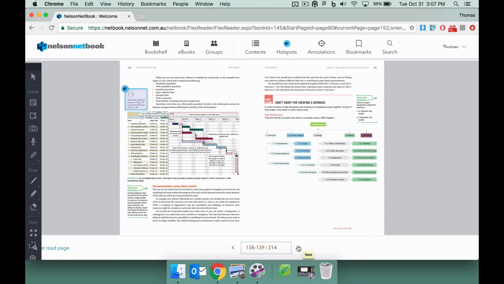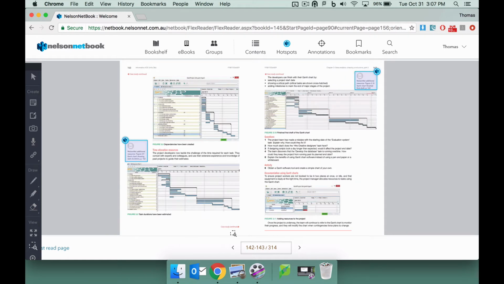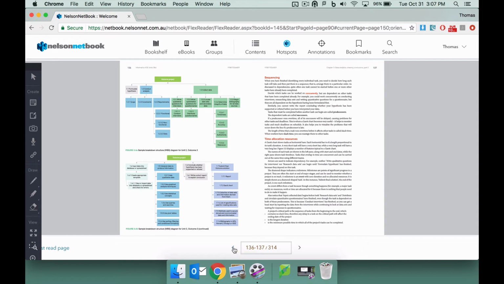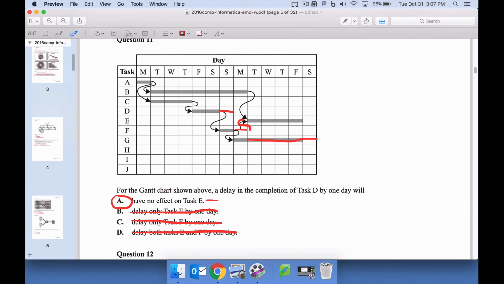It goes all the way through this case study, I think. So just scroll through here. I'm pretty sure everyone's going to be okay with any similar questions like this, because sequencing is pretty straightforward and dependencies like this. But just to refresh your mind, go through that stuff in preparation for the exam.